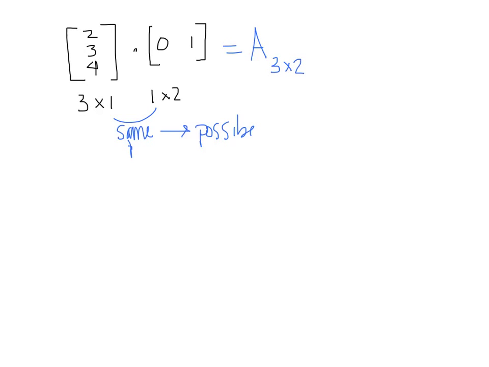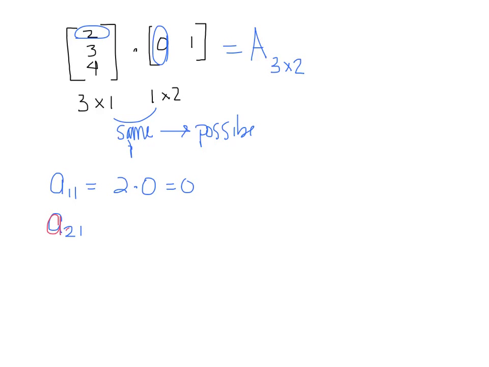Let's get started on our multiplication now. Okay, piece by piece, let's work on A11. So I want the first row with the first column. Okay, so that's just 2 times 0, and there is no second number here. So that's just equal to 0. Let's do another one. Let's do A21, and let's do that in a different color.